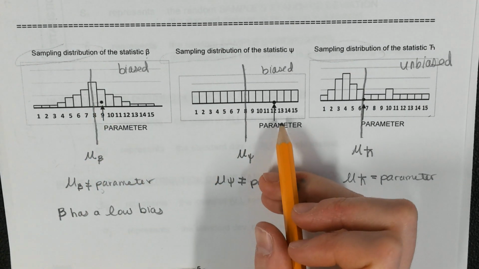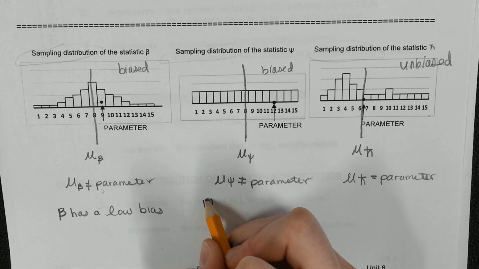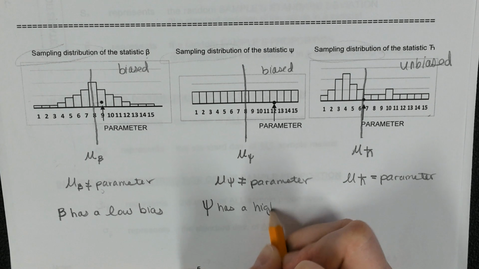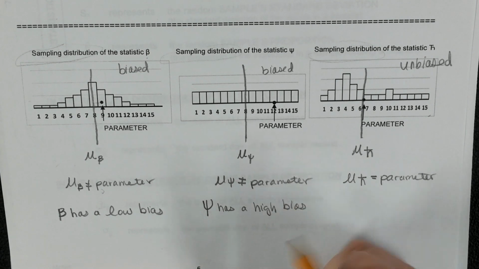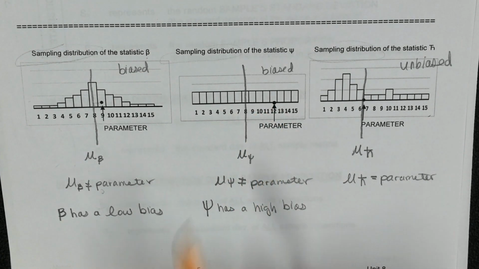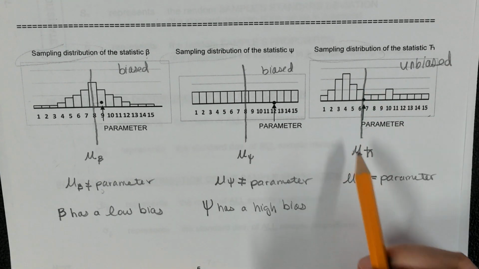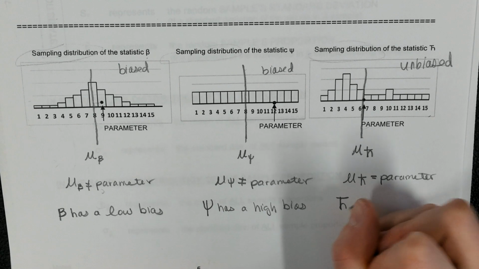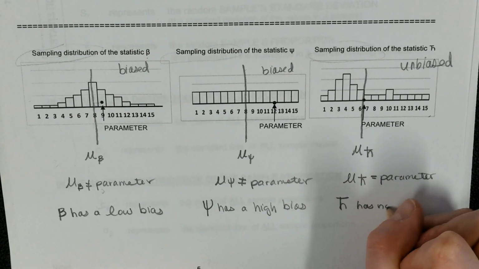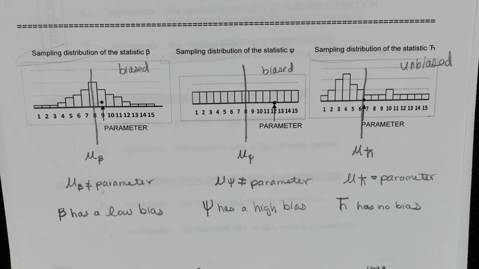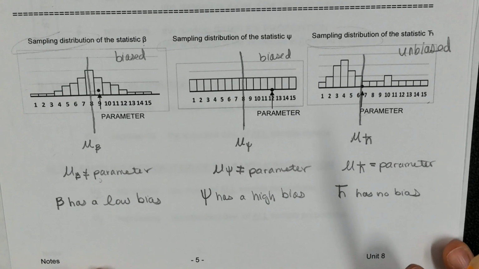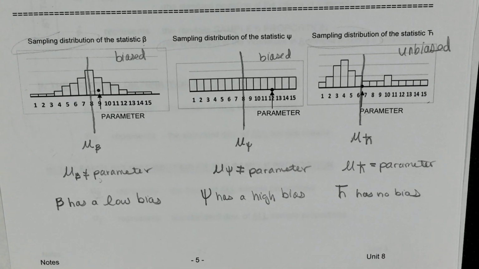This statistic over here has a high bias, because it really is not that close. And this one over here has no bias. Hopefully this is helpful and we're starting to understand the idea of a biased statistic versus an unbiased statistic.